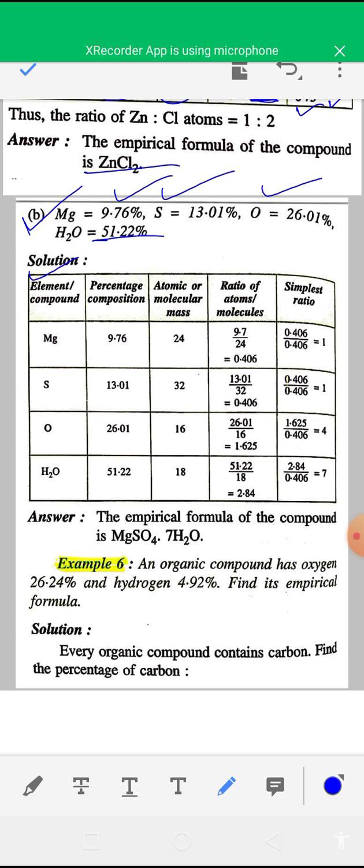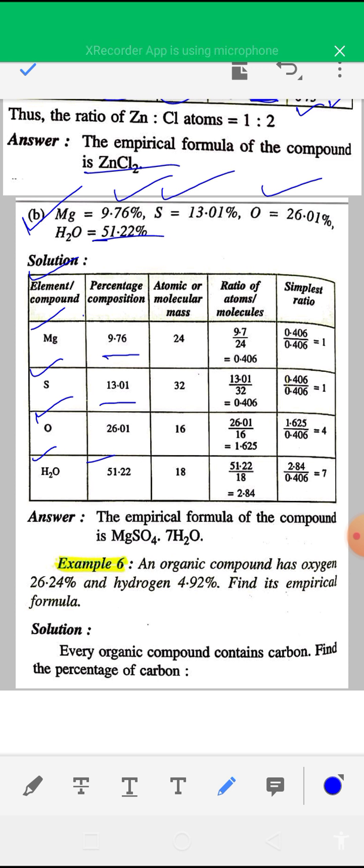In the first column you have to write the names or symbols of the different elements. So the elements are magnesium, sulfur, oxygen and water. According to the question, the percentage of magnesium is 9.76, sulfur is 13.01, oxygen is 26.01 and water is 51.22%.